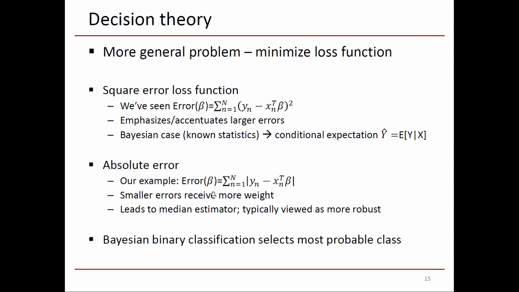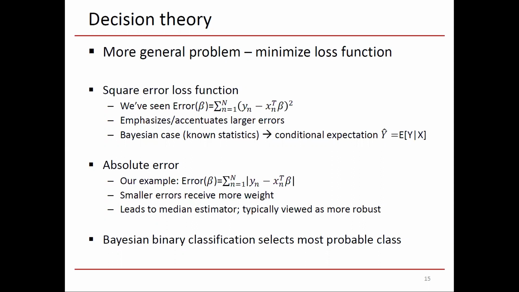The error function, which is again a function of the coefficients vector beta, is going to be a summation over the absolute value of the error, the unexplained part, the difference between yn and xn transpose beta. For absolute error, the smaller errors are going to receive more weight, whereas earlier, if there was a factor 7 in the pointwise error, with squared error it was roughly 50 times more important, and with to the fourth it was maybe 2,500 times more important, with absolute error it'll only be 7 times more important.